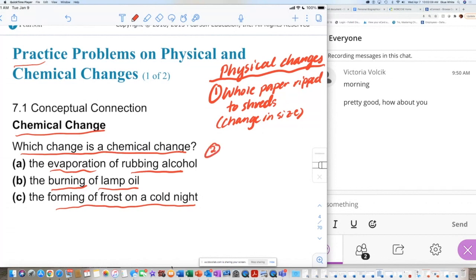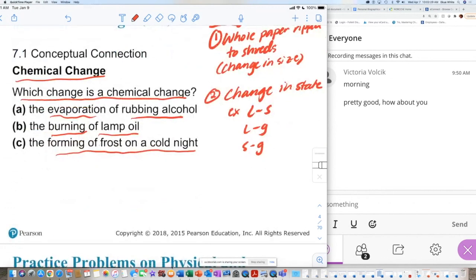Okay. Number two, if you have a change in state. So change in state, example, liquid to solid, liquid to gas, solid to gas, all these, okay? These are all change in state. So let me go ahead and write it better.